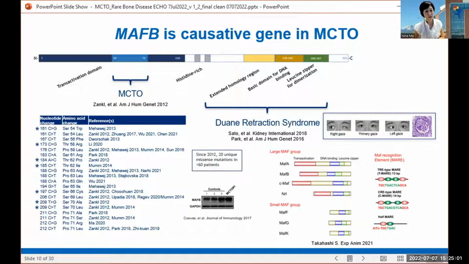They occur closer to the C terminus, and these patients have loss of function mutations because of truncated MAF proteins that prevent DNA binding. Additionally, these patients with Duane retraction syndrome don't exhibit the osteolysis or the bone phenotype that is frequently seen in MCTO.